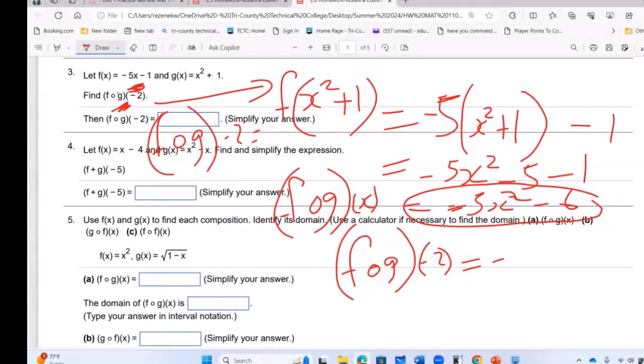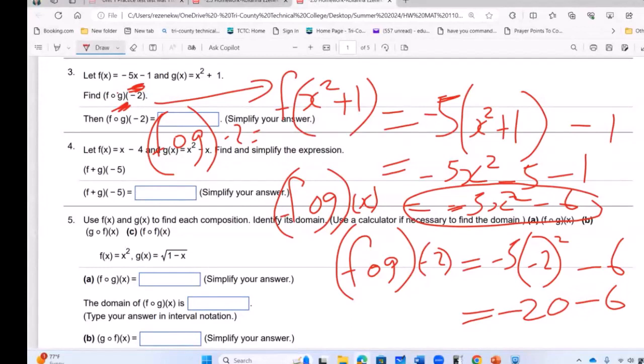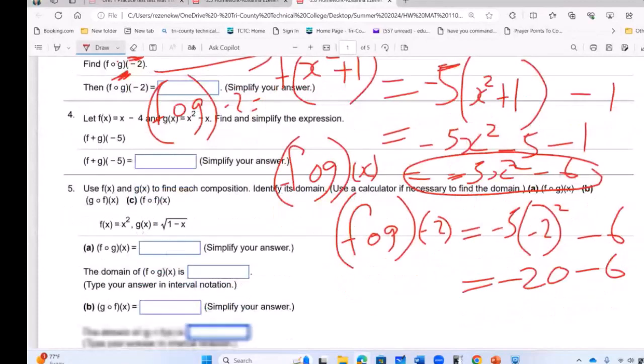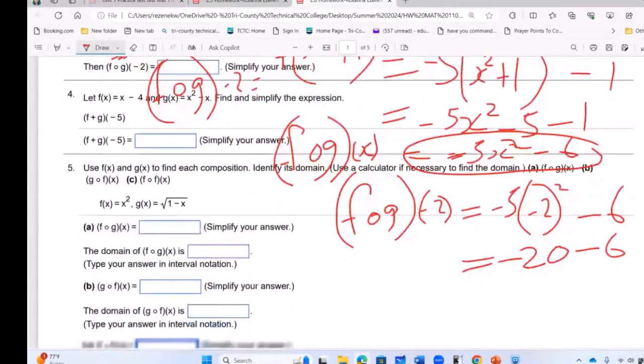So I have -5 times -2 squared, minus 6. -2 squared is 4. 4 multiplied by -5 is -20. -20 minus 6 is -26. Therefore, f composed of g of -2 is -26.